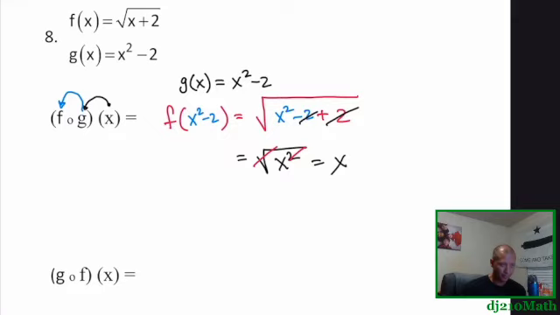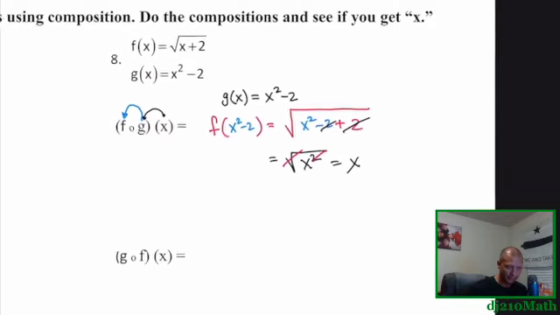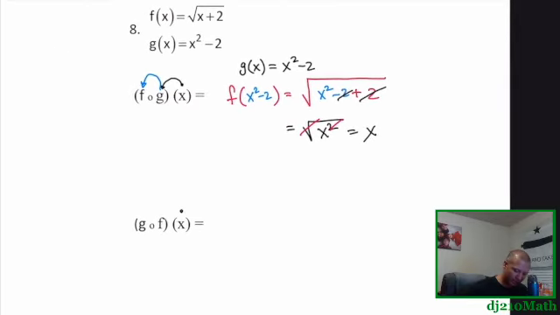We can't assume that the next one's going to work out. We have to show the work. We're taking x, and we're starting with f. So f of x is equal to square root x plus 2. The square root of x plus 2 is my new input, and it's going into g.